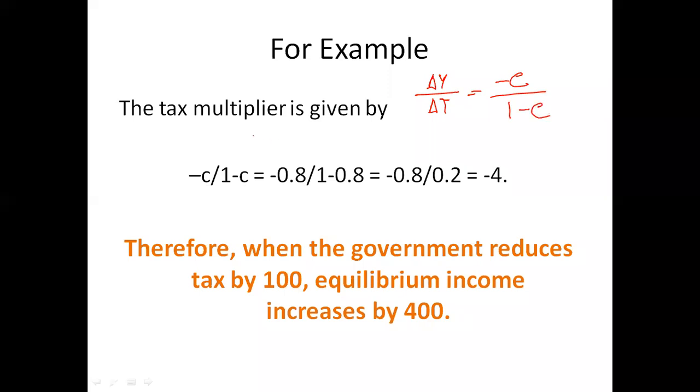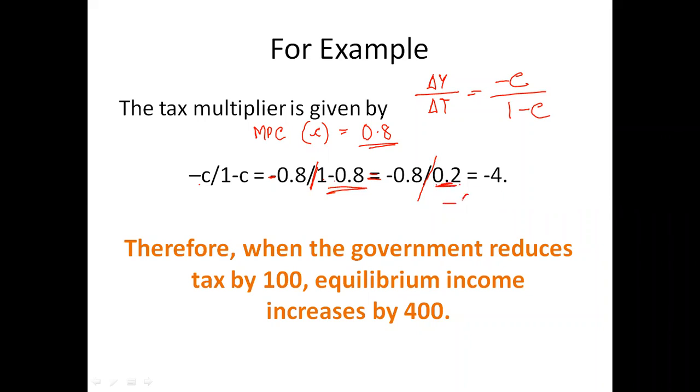In our economy, MPC or small c is equal to 0.8. So the question is to find out the tax multiplier. So minus c divided by 1 minus c. Minus c means minus 0.8 divided by 1 minus 0.8. Correct? Yes, it is equal to 0.8 divided by 0.2. How? 1 minus 0.8 is 0.2.